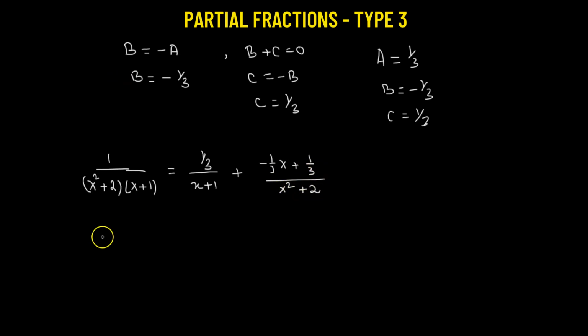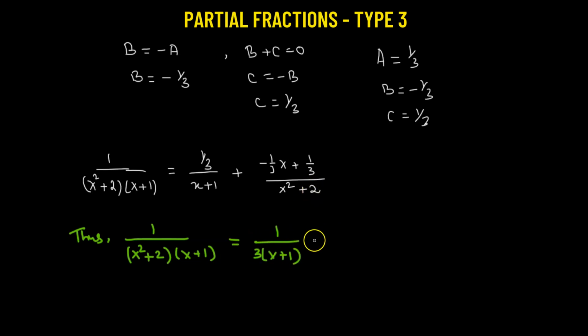So we're going to rewrite this. Thus, we get the final value. So we have 1 over (x squared plus 2) multiplied by (x plus 1) equals 1 over 3 times (x plus 1), plus (negative x plus 1) divided by 3 times (x squared plus 2).